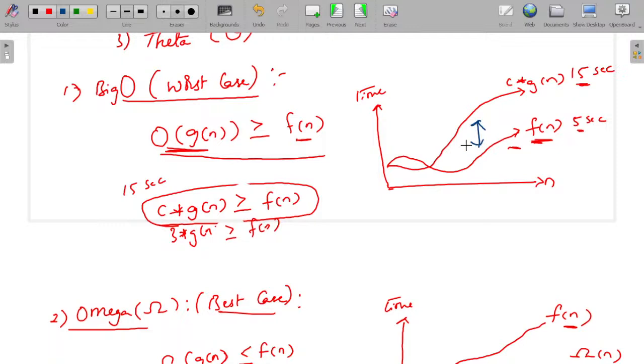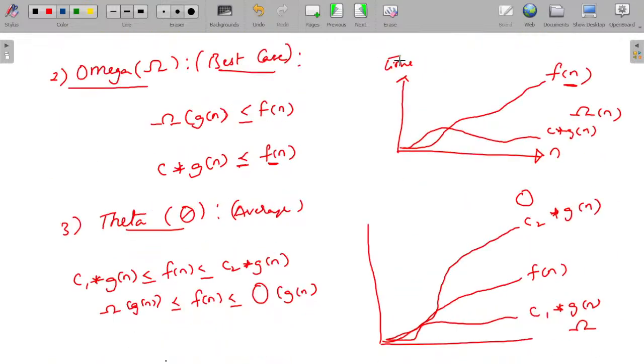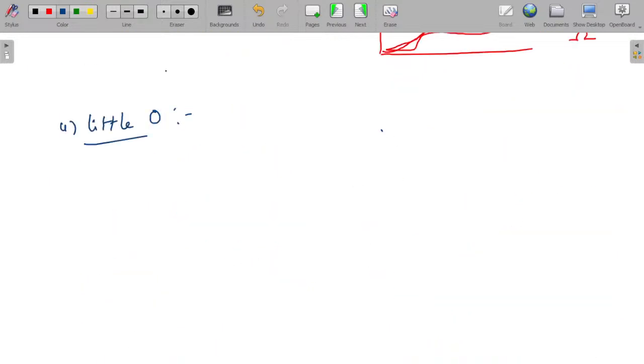That means there is no big difference between this curve and this curve. So big O notation is used to represent a loose upper bound representation. But in little o notation, we use this to represent a tight upper bound, sorry, a loose upper bound.